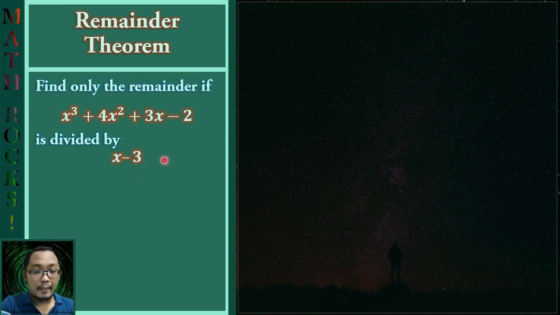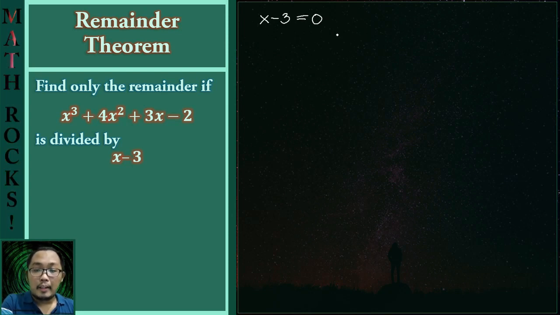Doing so, we have X minus 3 restated as X equals C by equating X minus 3 to 0, and applying the addition property of equality, we add 3 to the other side of the equal sign as well.